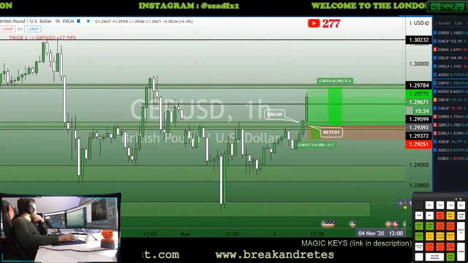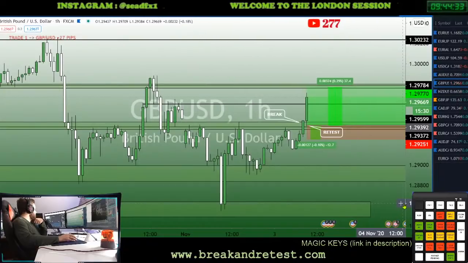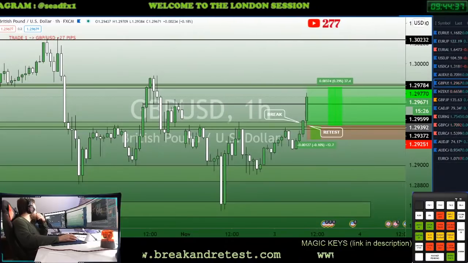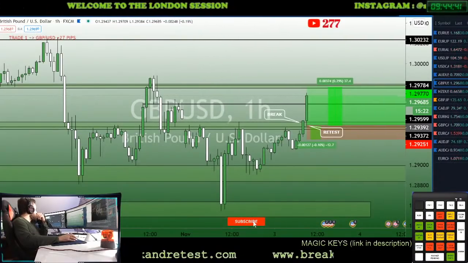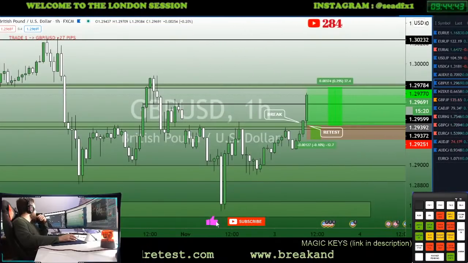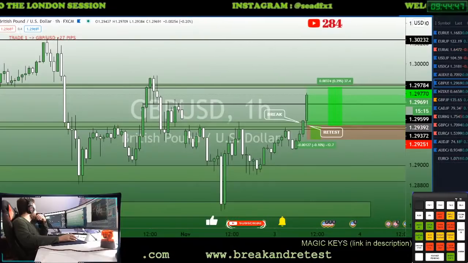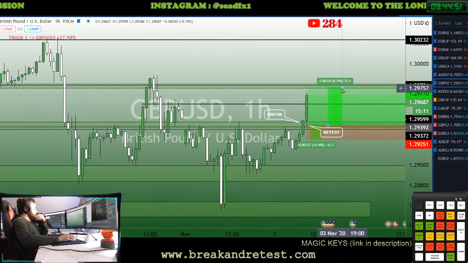Yeah, I did hold a runner on CAD JPY yesterday. CAD JPY yesterday was perfect. Look at the GU.